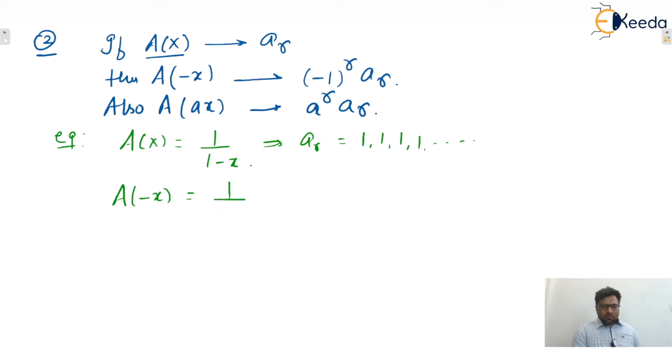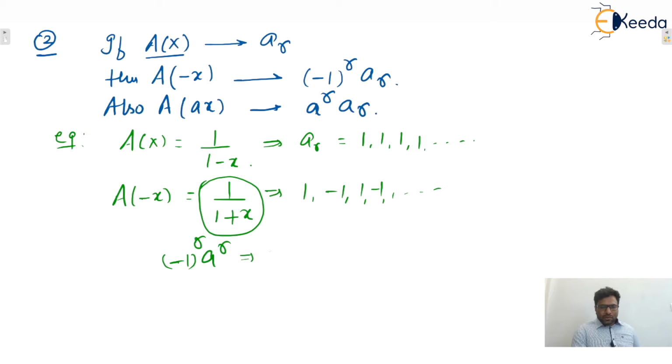So it becomes 1 upon 1 minus (minus x), which is 1 plus x. Now you tell me the corresponding sequence will be what? We already know the corresponding sequence is 1, minus 1, 1, minus 1 and so on. And how it came: here a_r is multiplied with minus 1 raised to power r. When r is 0, then it is 1.